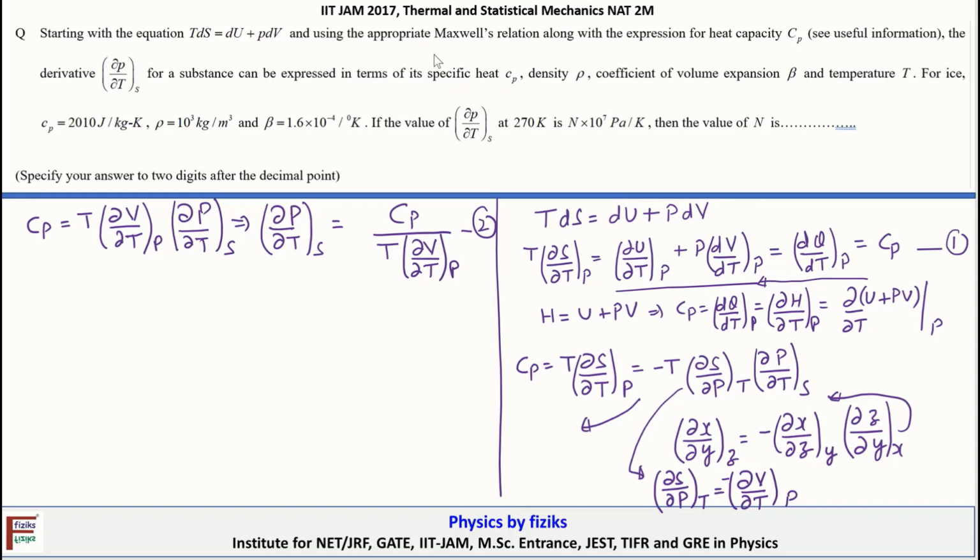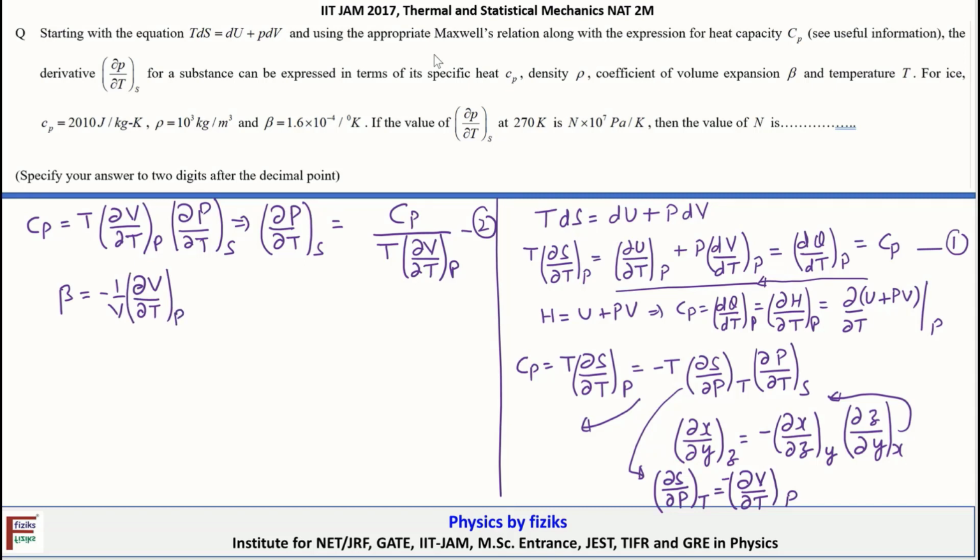Now for this dV by dT, we will make use of the definition of the expansivity, which is beta, also given: beta equals minus 1 by V dV by dT. It's an isobaric expansivity.